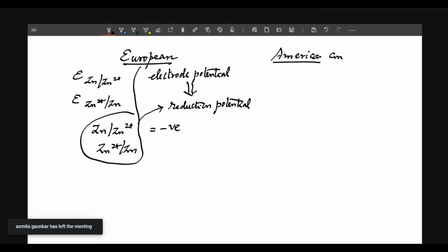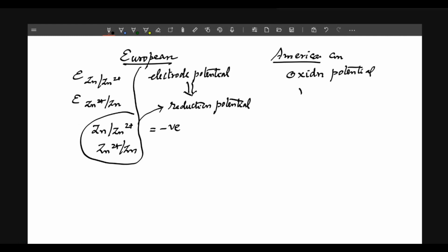But in the American Convention, they call the potential in two ways. If oxidation occurs, they call it the oxidation potential, and if a reduction occurs, they call it the reduction potential.